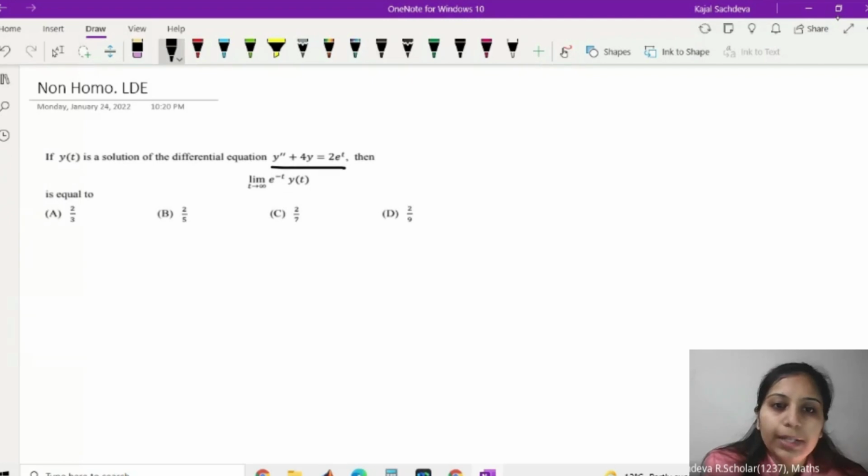We are to find the value of this. It can be 2 by 3, 2 by 5, 2 by 7, or 2 by 9.